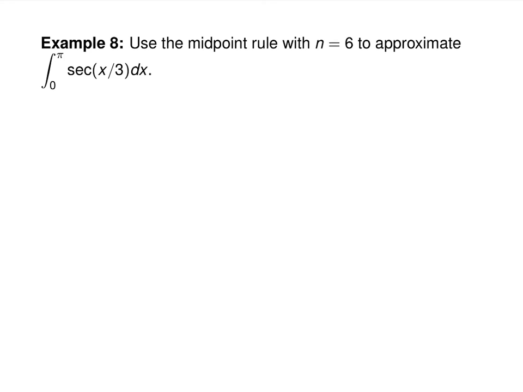Okay, midpoint rule with n equals 6 to estimate the integral of secant of x over 3, on the interval from 0 to pi. I'm not going to attempt to draw that picture because it's just not going to be very pretty. All that matters is what things you plug into that function. So the interval goes from 0 to pi. If n is 6, what's delta x?